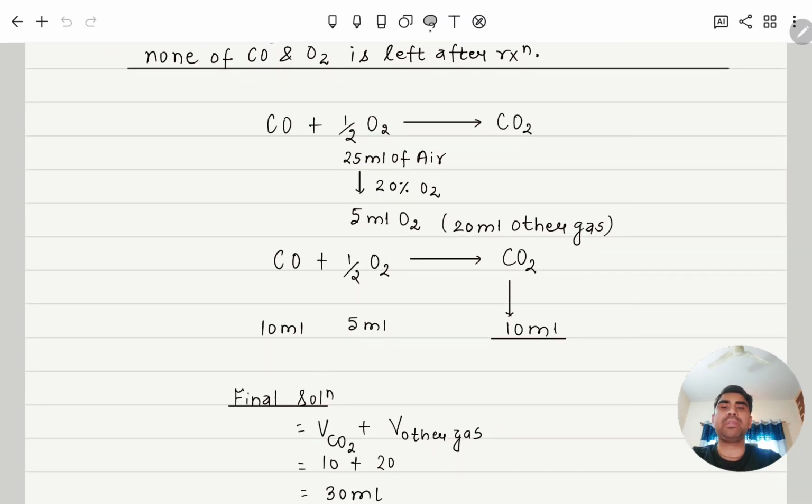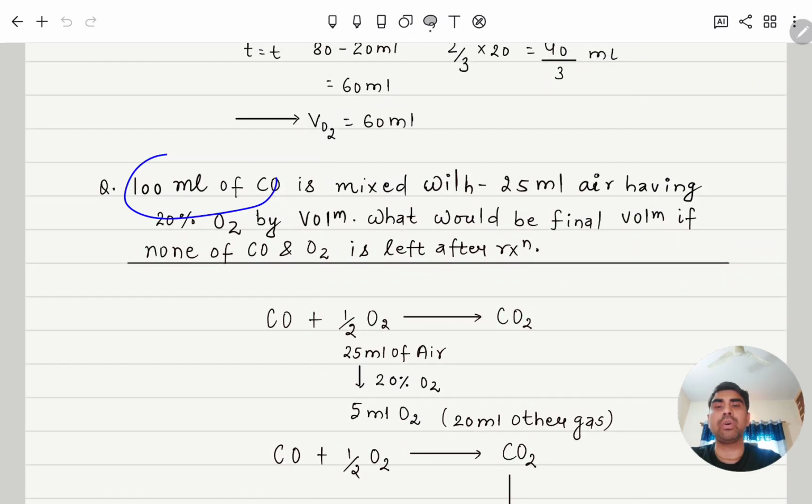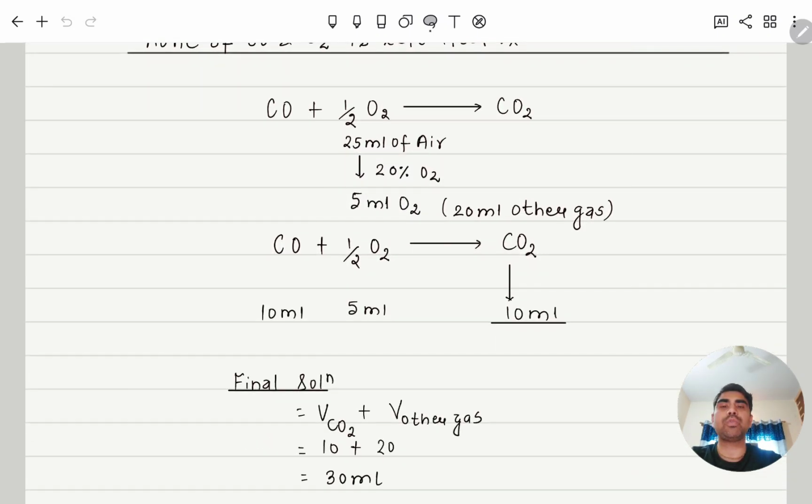So, in that 100 ml of CO, I'm just taking the mole analysis accordingly. This is 5, so here also it will be 10, because 5 divided by the stoichiometric coefficient gives 10. So both will be completed together, forming 10 ml of CO2.